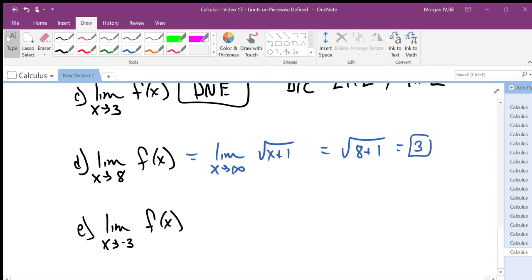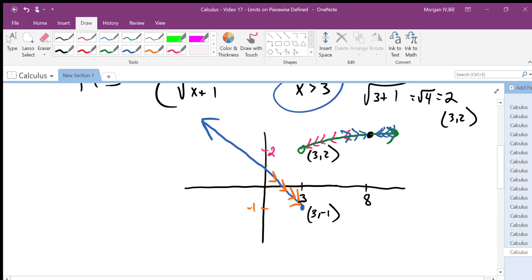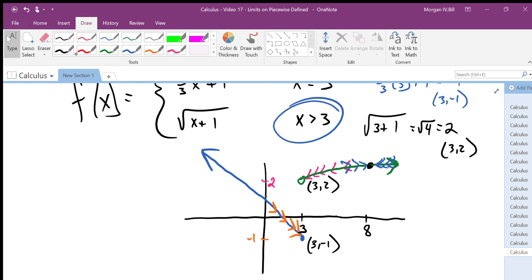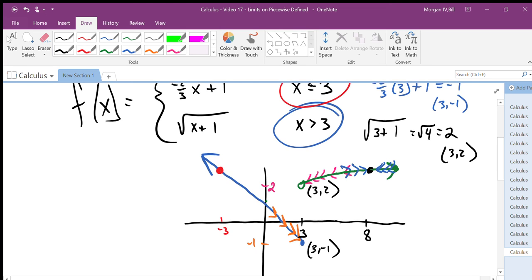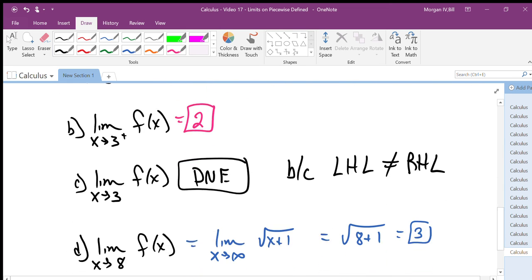Similarly, what is the limit as x approaches negative 3 of the function? Negative 3 is somewhere over here. That function will be up on the line, not the square root value. Since negative 3 is less than or equal to 3, we're going to use the line negative 2/3 x plus 1 to plug the negative 3 into.